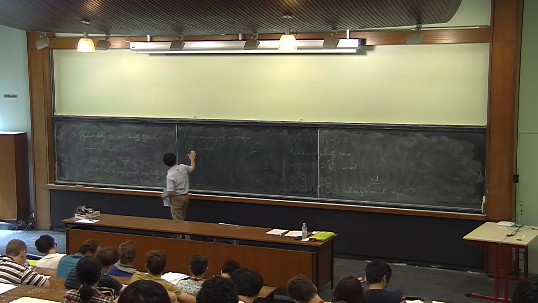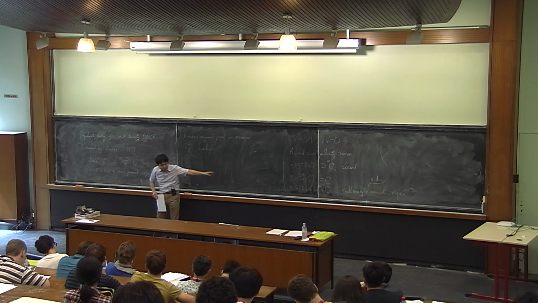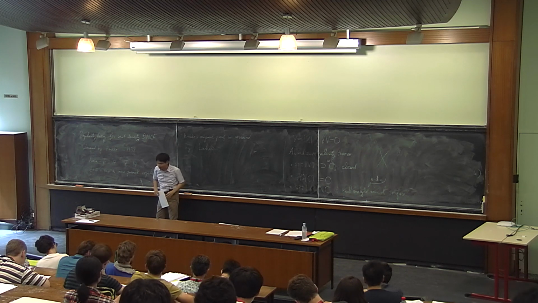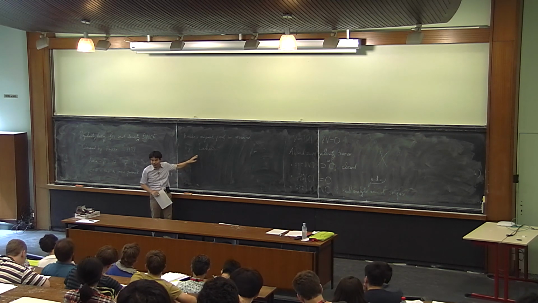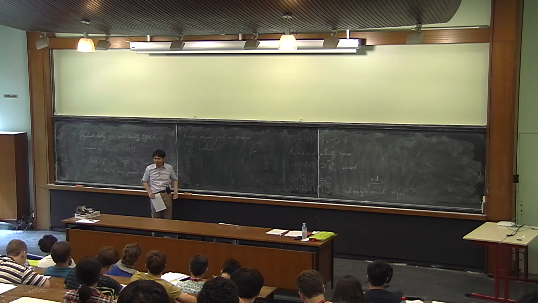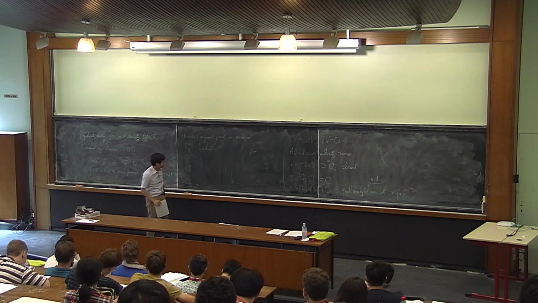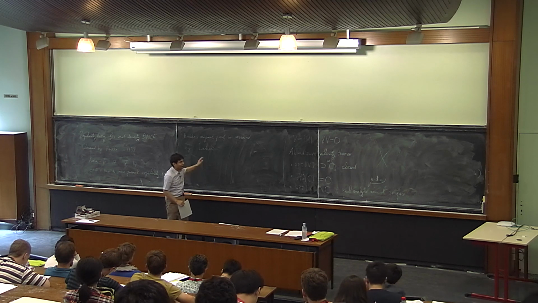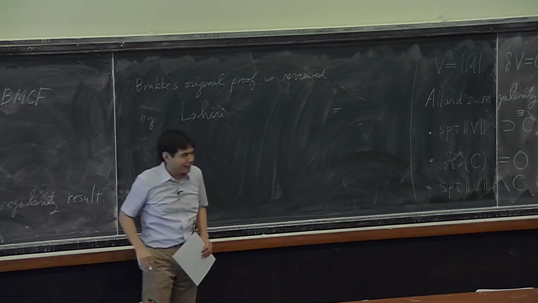I'll talk about this, but ours is more like Allard's regularity theory in some sense, using a blow-up argument, and Lahiri's proof is really following Brakke's more constructive kind of proof, not using a blow-up argument. So it's a hard theorem. And so next time I'd like to explain more about this. Okay, thanks.